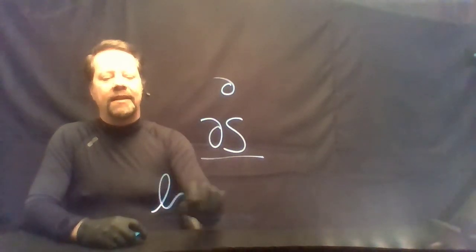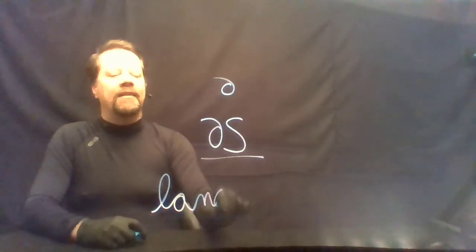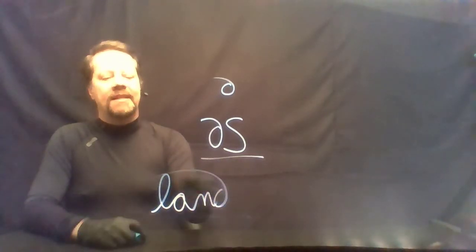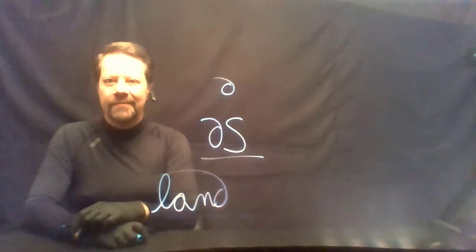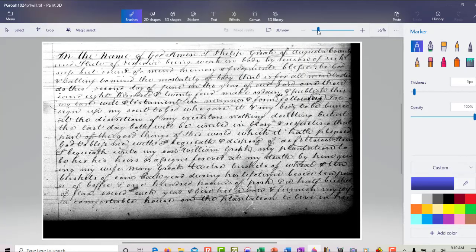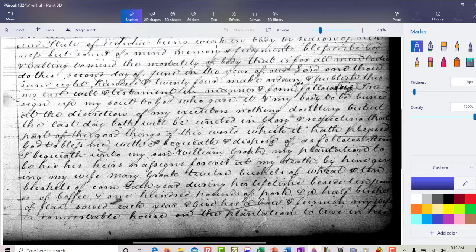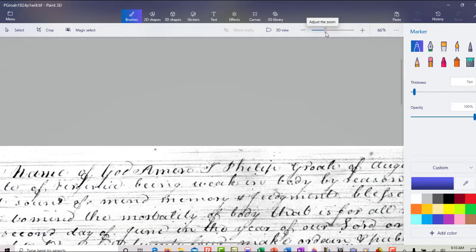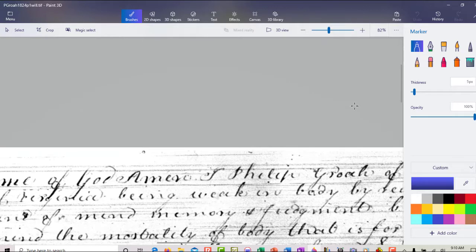They might write in a will, the land. Sometimes that D goes way over the entire word. I wanted to show you an example of an ancient document that uses this curly Q D on it. Let me grab this. This is a part of a will that belonged to an ancestor of mine.